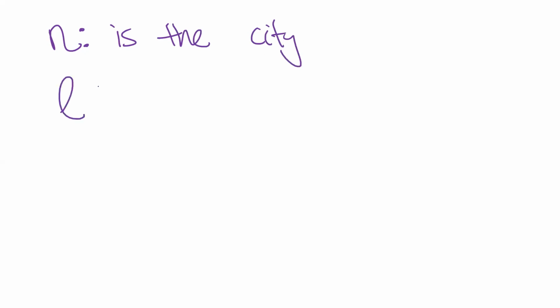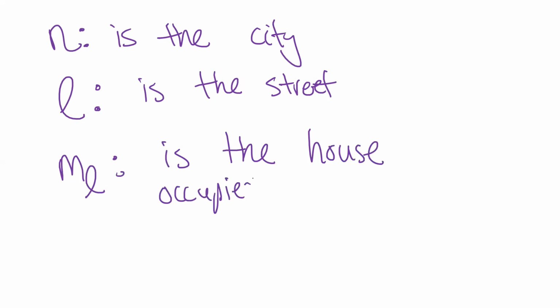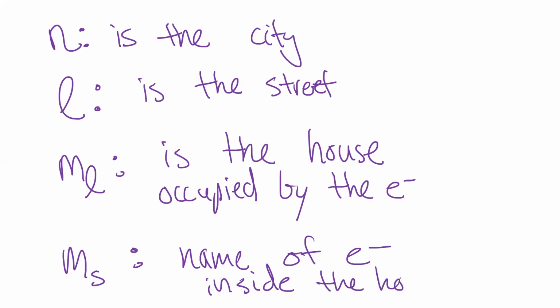L is the street, and then M sub L is the house occupied by the electrons, and then M sub S is the name of the electron inside the house.